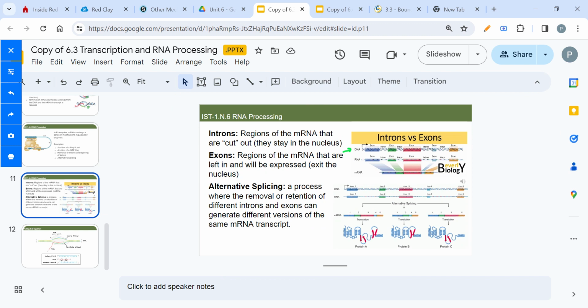Here's my DNA, my exons, and my introns right there. The exons want to exit the nucleus, while the introns want to stay in the nucleus. So what we're going to do is alter this so that I can remove the introns.